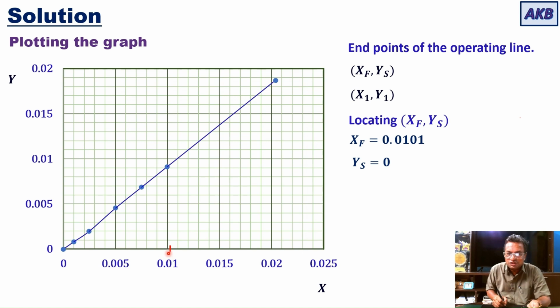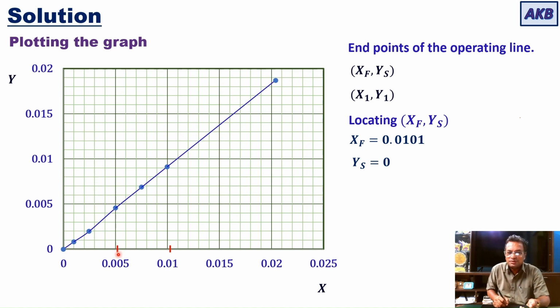So I'll travel 1 unit distance. If I travel 1 unit distance on the left side, why on the left side? Because we have to plot a line of negative slope. So the distance of 1 unit will be till this point.